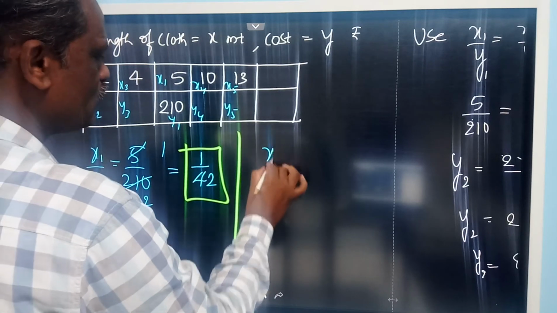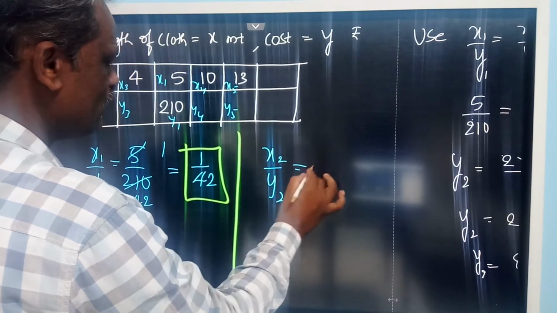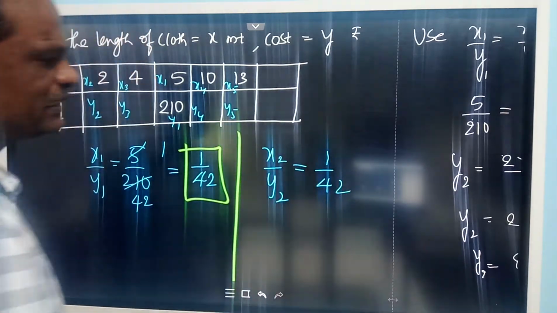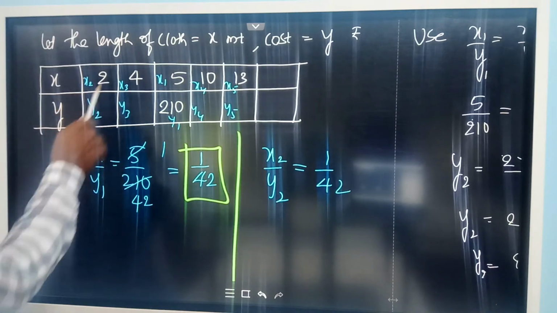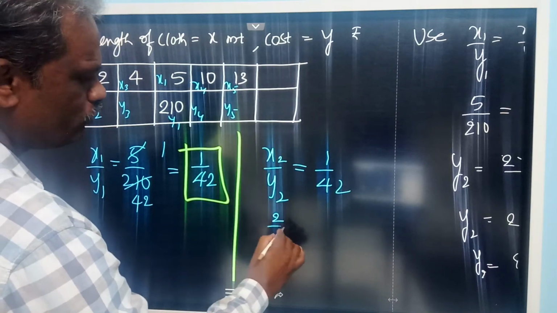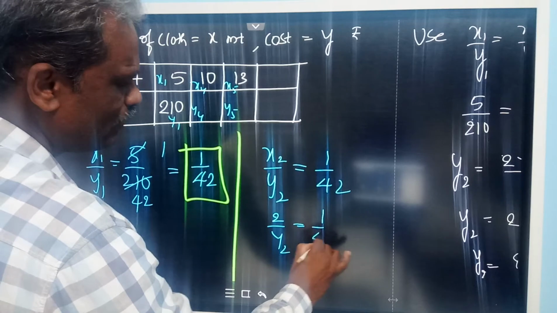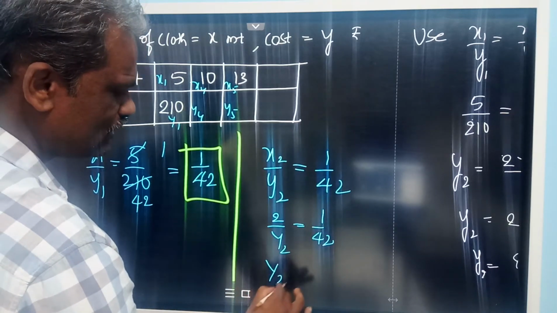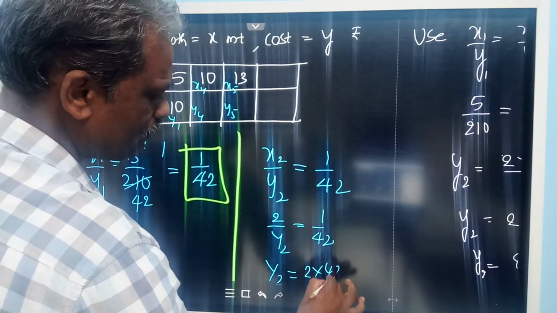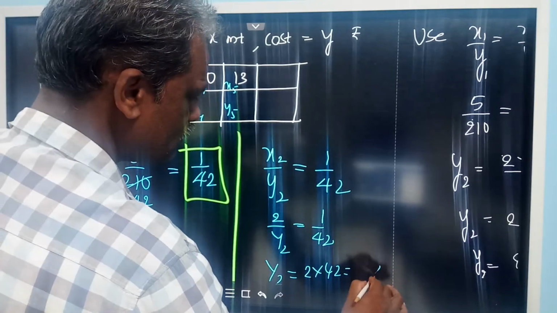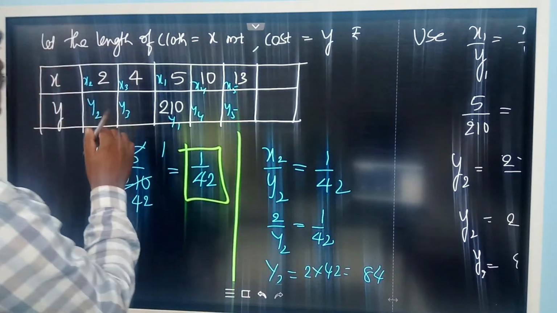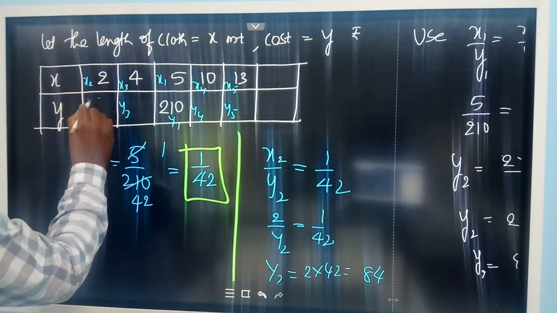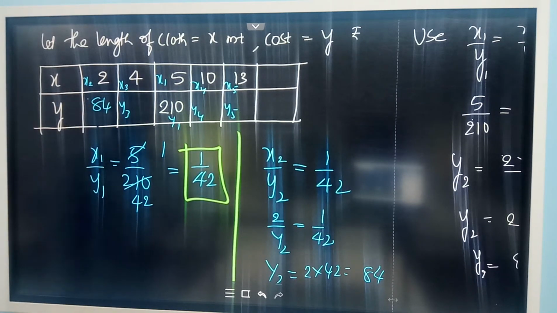It must be equal to 1 by 42, isn't it? Substitute x2 here: 2 by y2 is equal to 1 by 42. Cross multiply: y2 is equal to 2 into 42. 2 2s are 4, 2 4s are 84. So 84 is the answer.